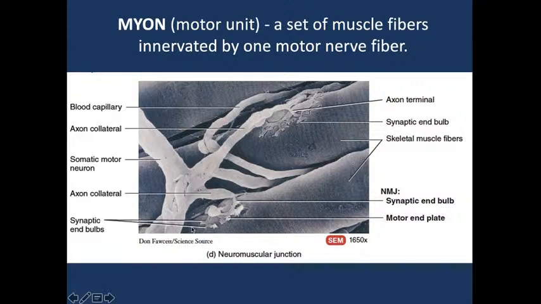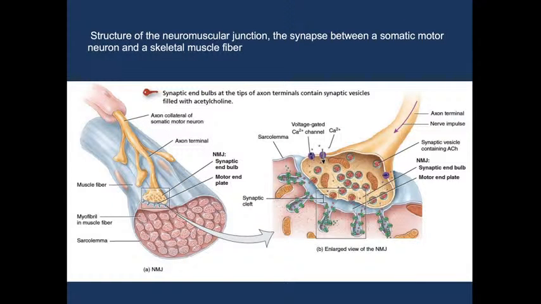This is quite a new definition, but it is common in morphology, and usually nerve impulses come through the nerves to the muscle fibers, and you get contraction, like here.